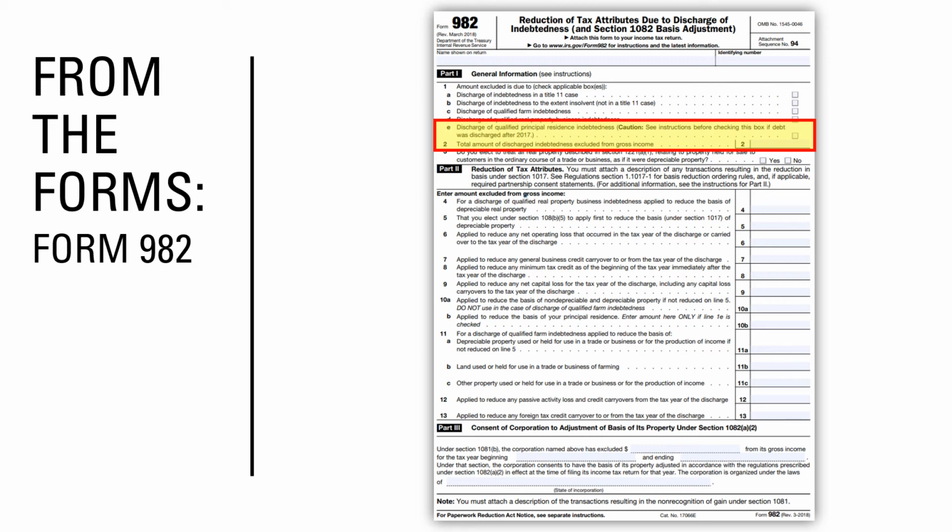And there's a little checkbox on line 1E that says that this debt was the discharge of a qualified principal residence. And line 2 is where you report the amount that is excluded.